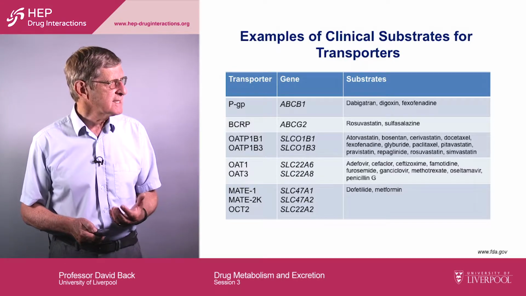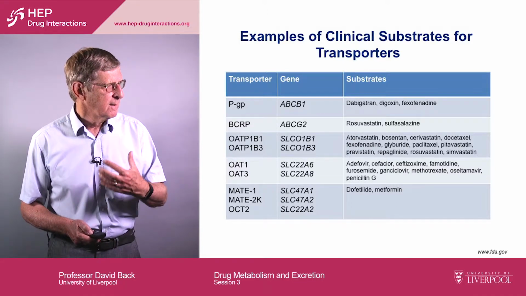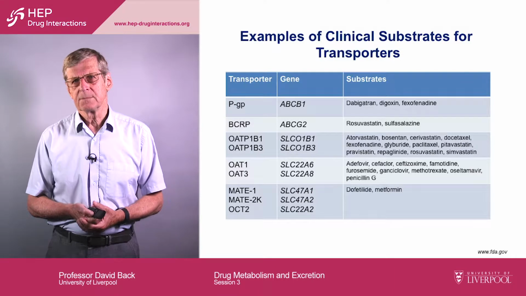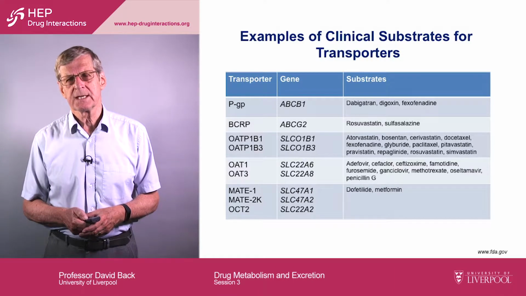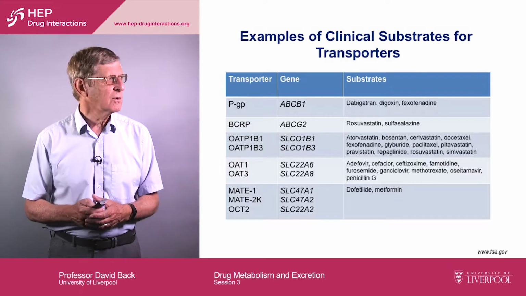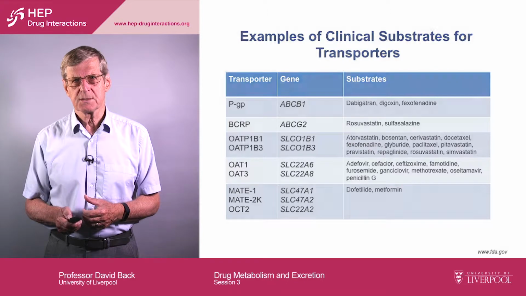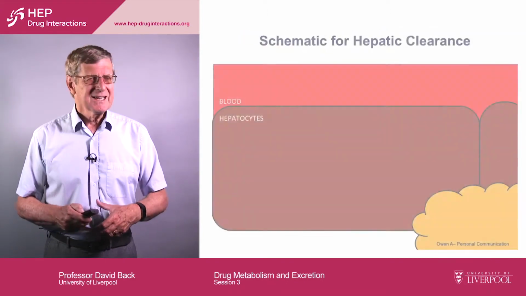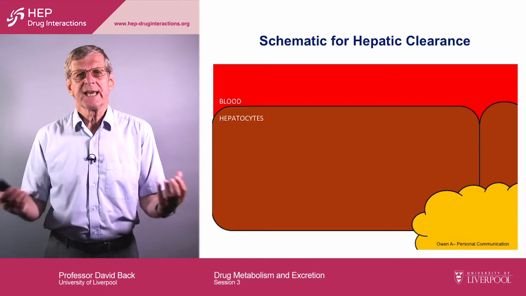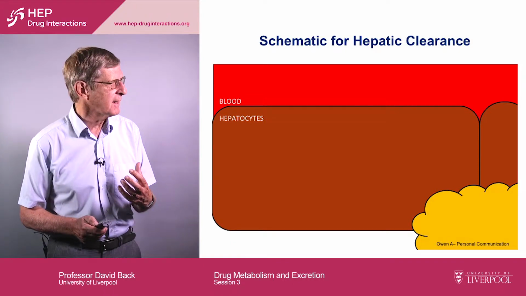And some of the substrates are listed in the column under substrates. This is again from the FDA.gov website, which is an important source for being able to understand all the different substrates for different enzymes and transporters. So let's have a schematic of trying to relate everything into one pretty complex profile.